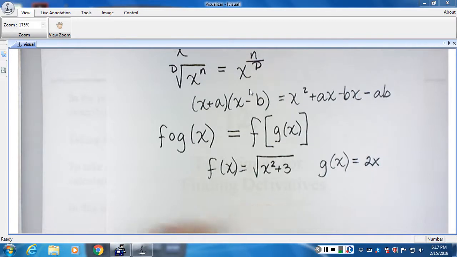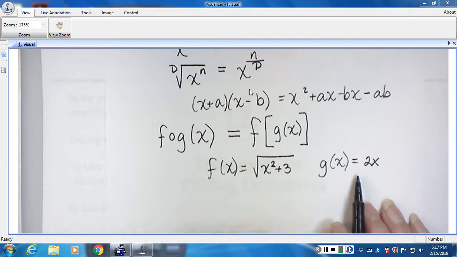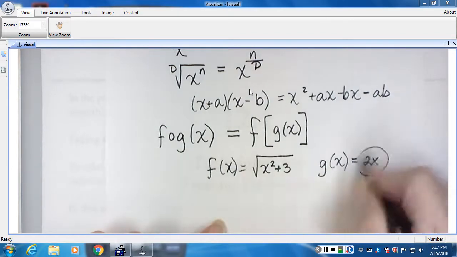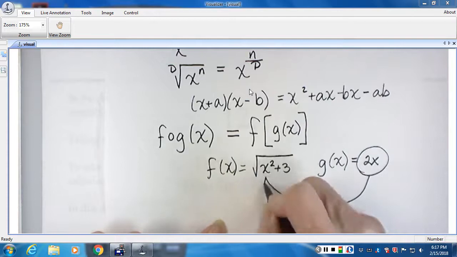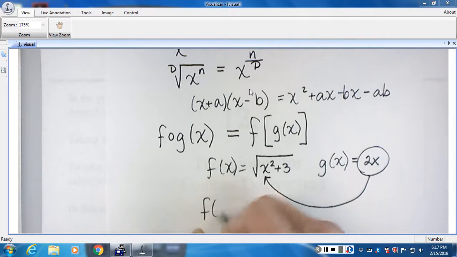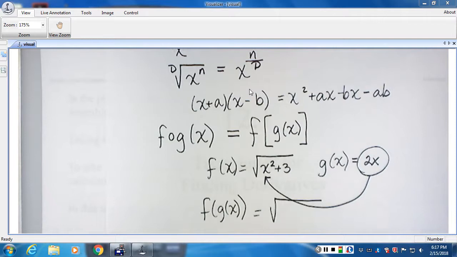The way that you calculate f of g of x is first you calculate g of x, which is 2x, and then you take that 2x and you plug it into the function f in place of the x. So then f of g of x is the square root, because that's what f does, of the quantity 2x squared, and add 3.